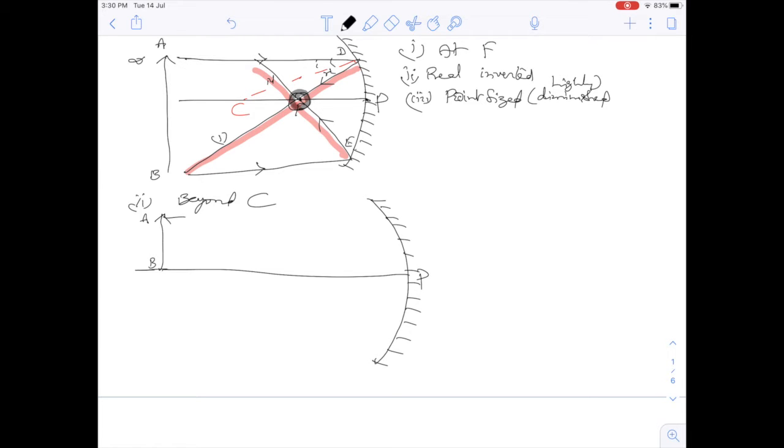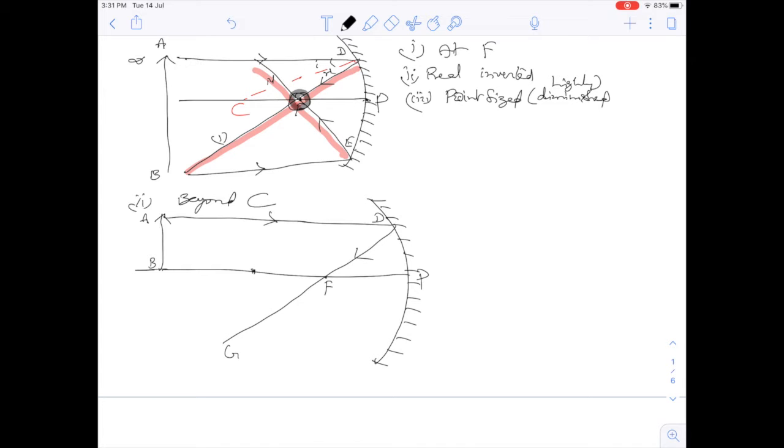So I have the light incident from the object which passes through F after reflection. So this is the incident light AD and it reflects along DG passing through F. This is one light. Then we can consider another light.